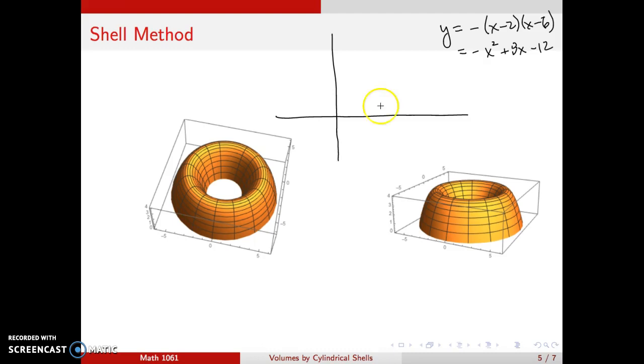It looks like part of a parabola, something sketched roughly like that. So you might see the region right about in here. That's the region that's spun around. In this case, the y-axis is going right through there.